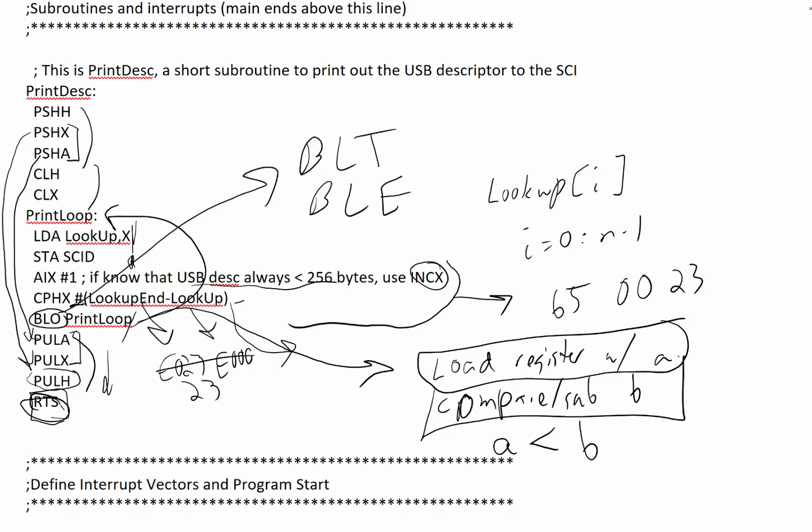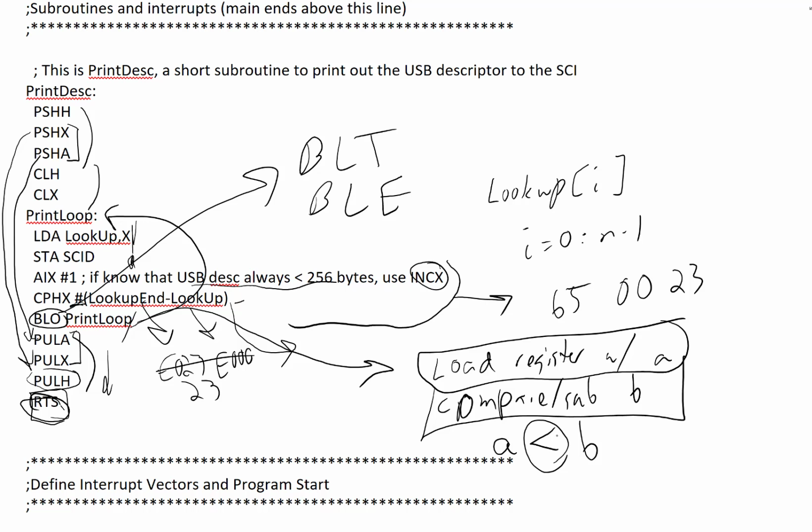The difference between a signed and unsigned branch is how you interpret the relationship between them. So if you look at BLO, that's branch lower than, it's an unsigned comparison. If you look at BLT, that's branch less than, and that is a signed comparison.